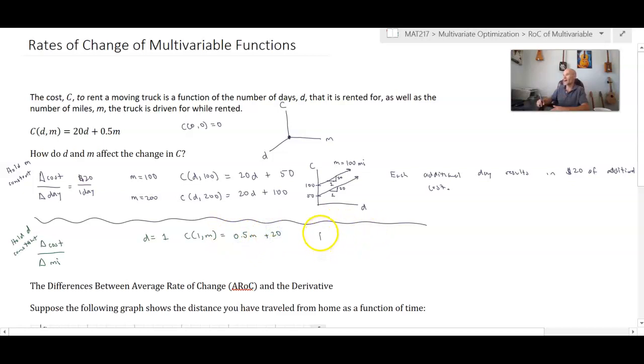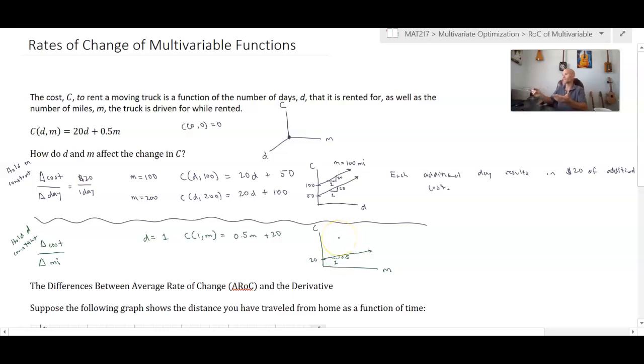When I graph that, I see that that's now a relationship between cost and miles. We have a vertical intercept of $20, and our slope is going to be 0.5. I'm going to draw that as a fairly low inclined line, where 1 unit of M creates a change in C of only 0.5.